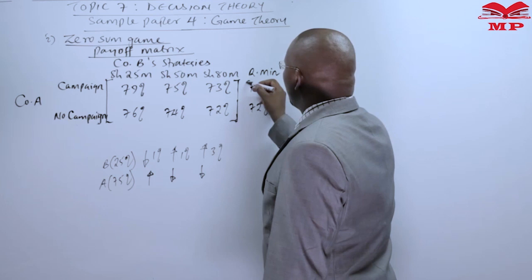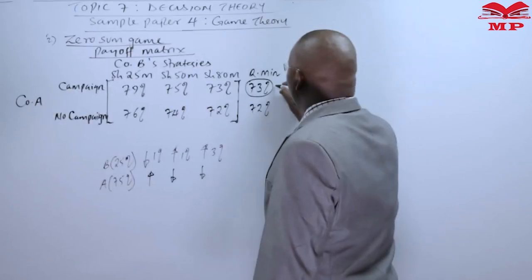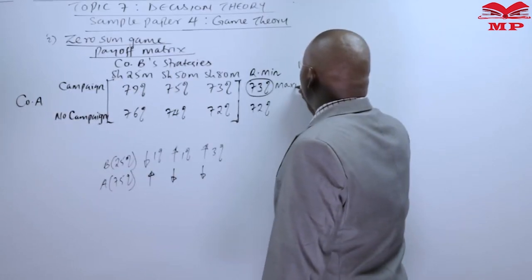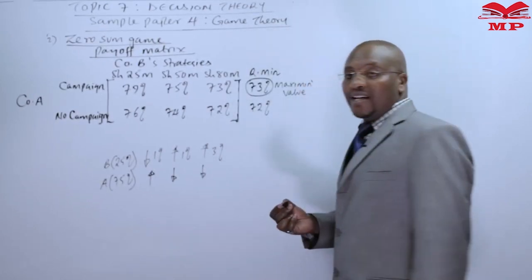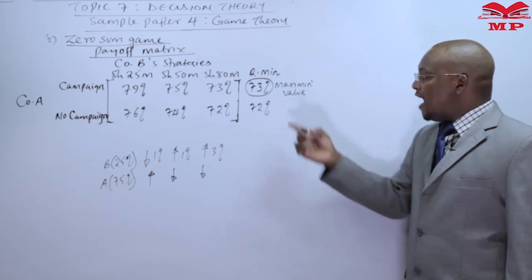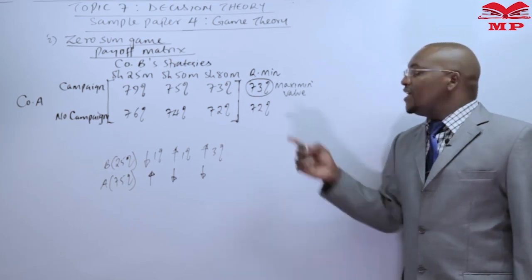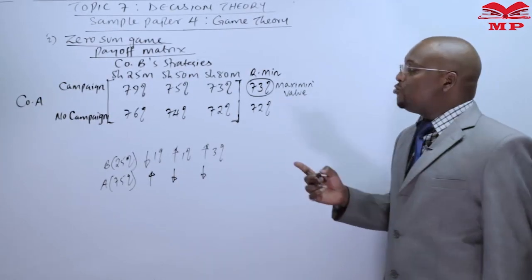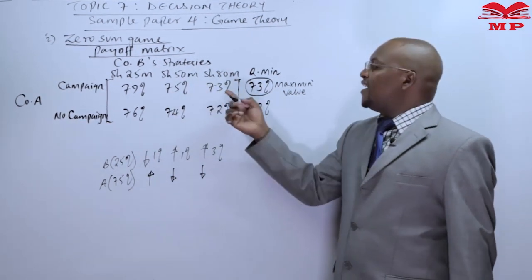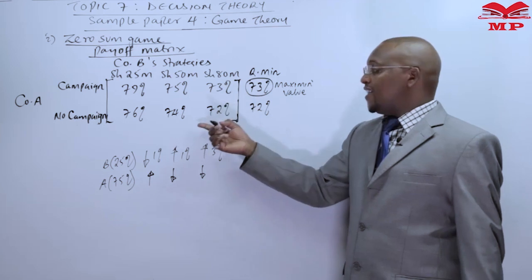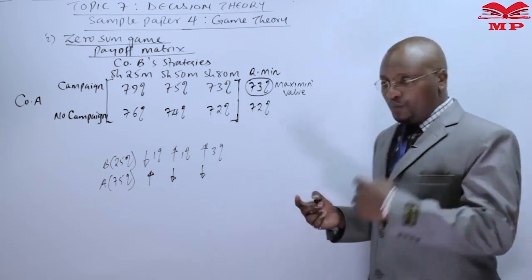So the best is this one. For them, the best is this one, which we call the maximin value, the maximum that they would have among the minimums. 73 is better. So they would rather choose this campaign strategy because the minimum they can make there is also high, 73%, unlike the other one which carries 72%.